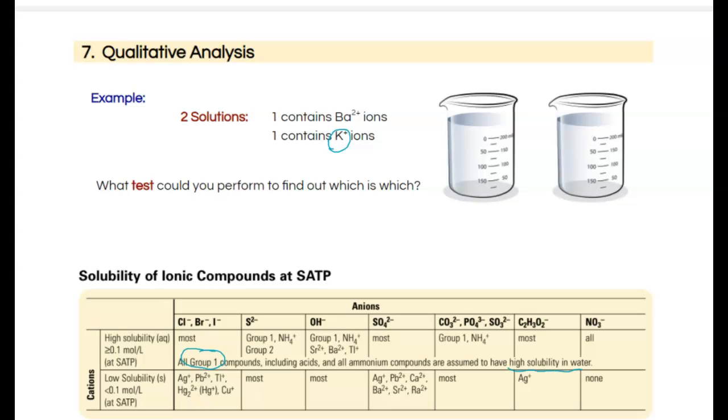So what I'm really looking for here is a particular anion that's going to cause barium 2+ to precipitate out of solution. There may be multiple answers here. Maybe take a minute, pause the video, and see if you can figure out what an appropriate compound to add would be.